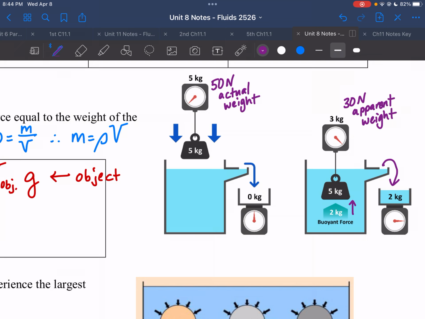Well, that 20 newtons has to go somewhere. So the amount of water that is displaced is 20 newtons worth of weight. That 20 newtons is equal to the buoyant force. There's 20 newtons of buoyant force going up.